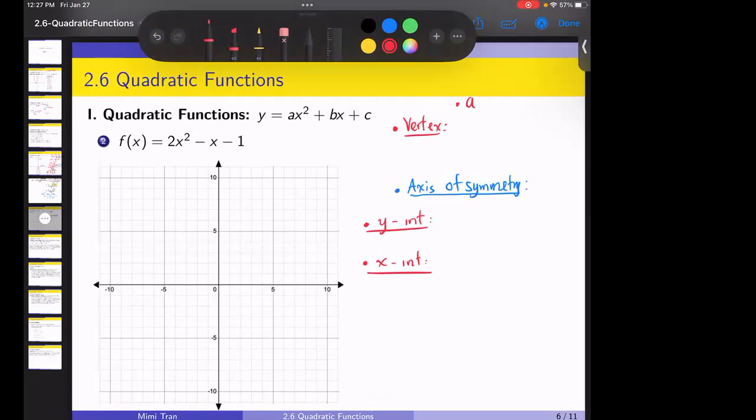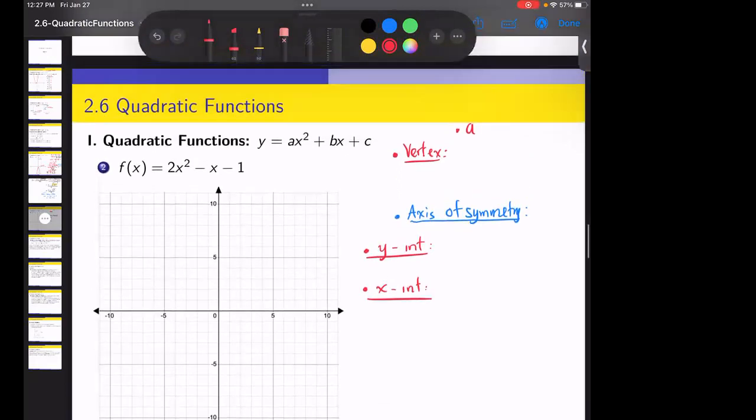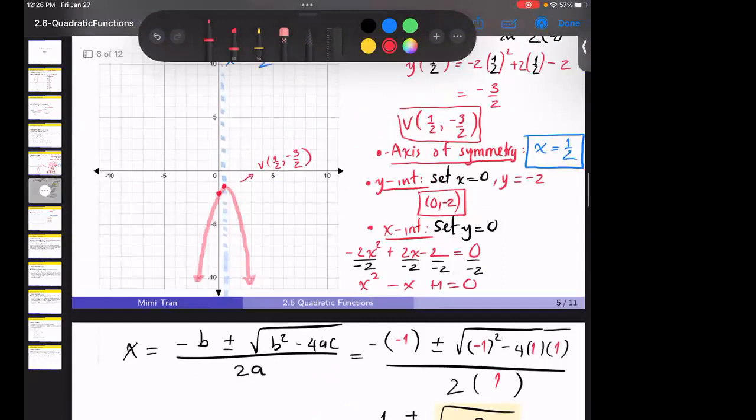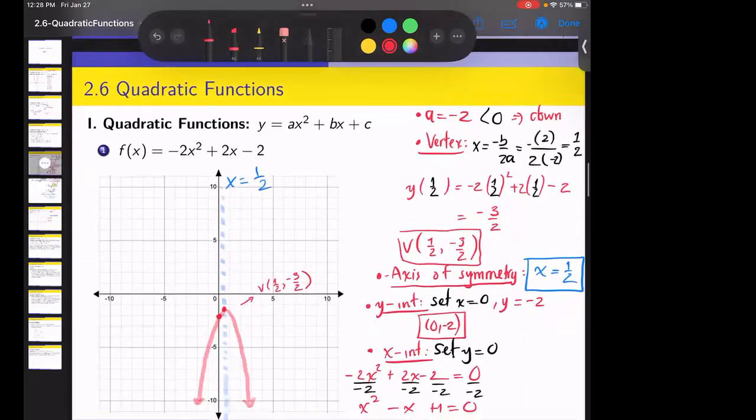I assume everybody writes out the question. I'll put it back here so you can see the steps. It's a similar step.